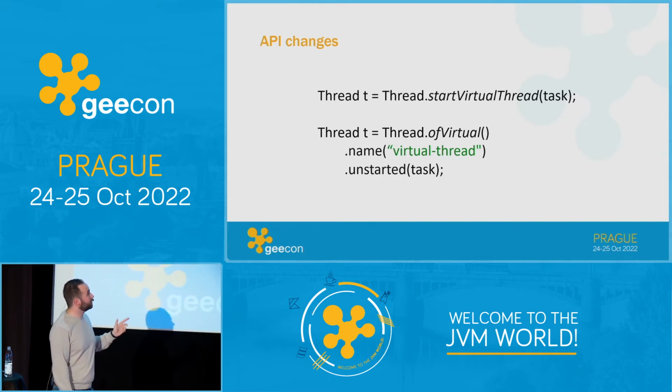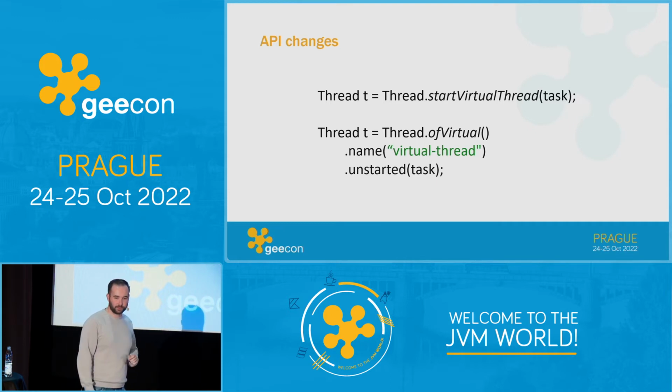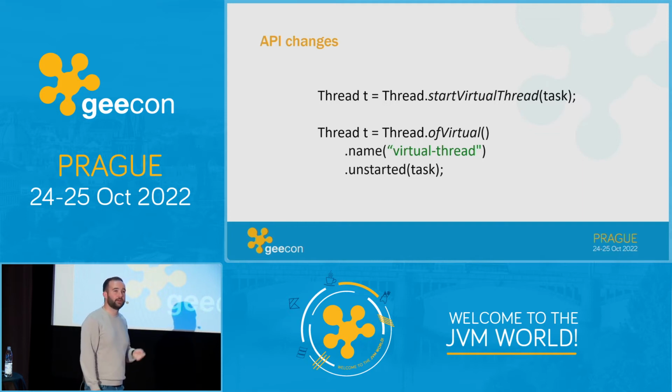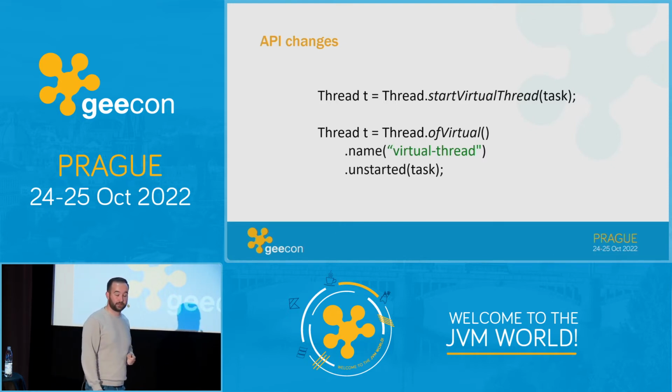There's also a Thread.ofPlatform to create platform threads, but those are the old, and in with the new. And with the new builder, you can set some properties, for example, the name. So I will create a virtual thread, I will give it the name virtual-thread, and I will give it an unstarted task. So I will get a Thread object that has the start method. I have to call the start method later on.